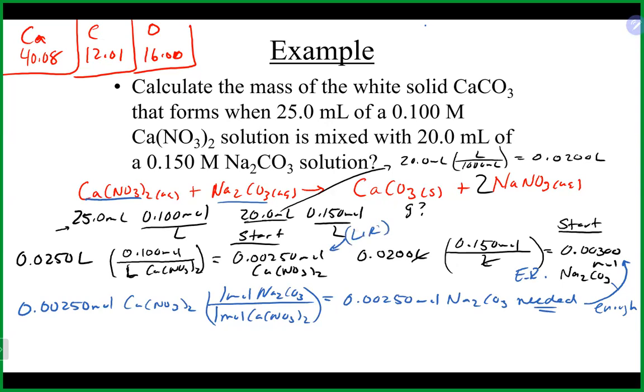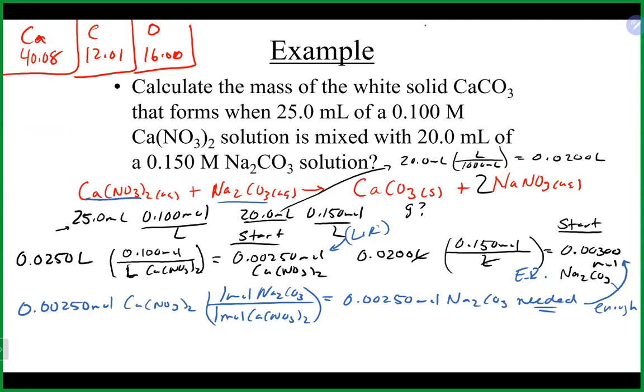Any questions on that? So you need to do some type of calculation like that. The alternative to that calculation is you figure out how many moles each one would produce of your product, and whichever one produced the least amount would be your answer and your limiting reagent. So again, there's a couple different ways you could do it.